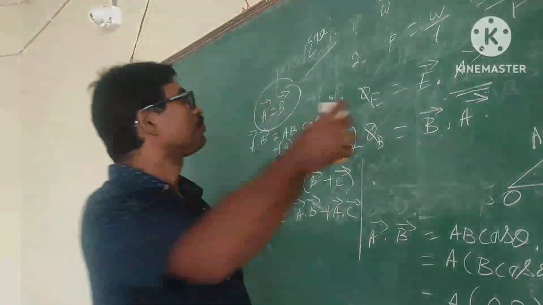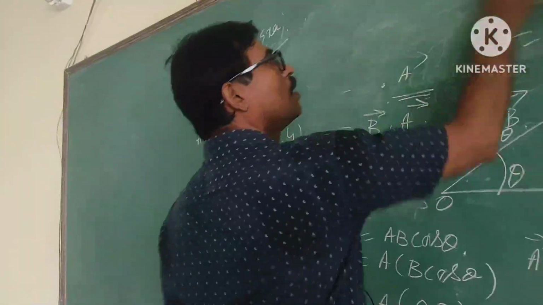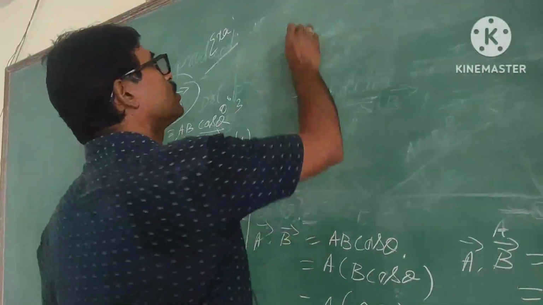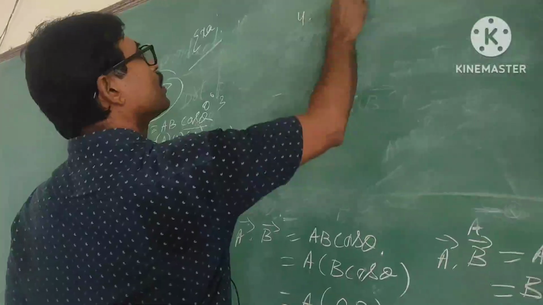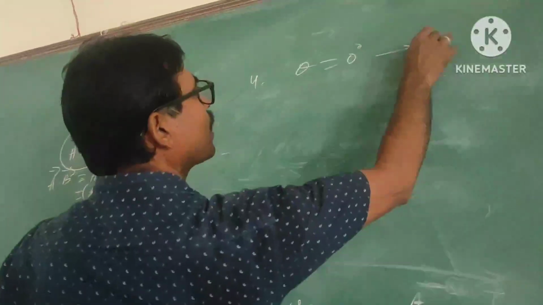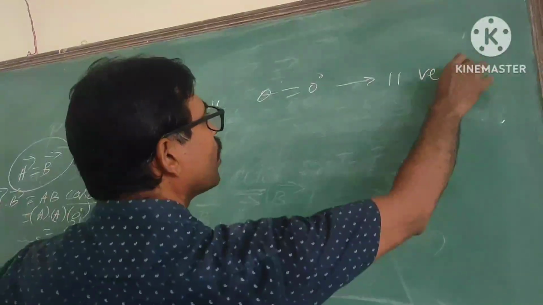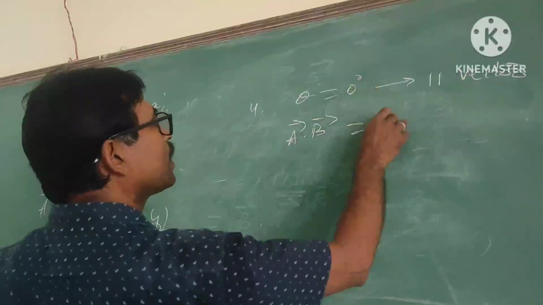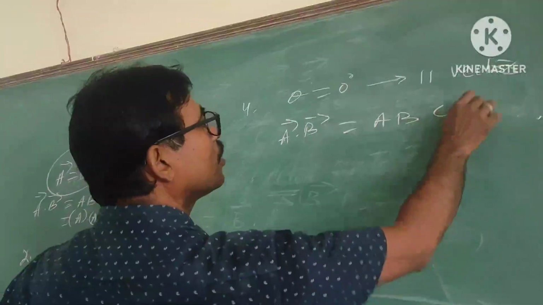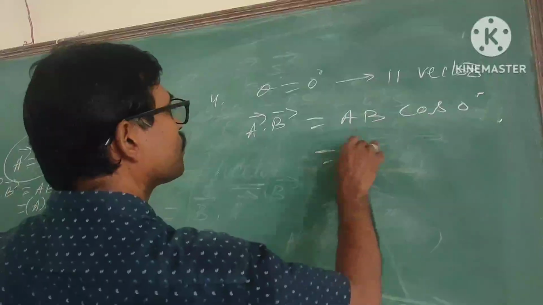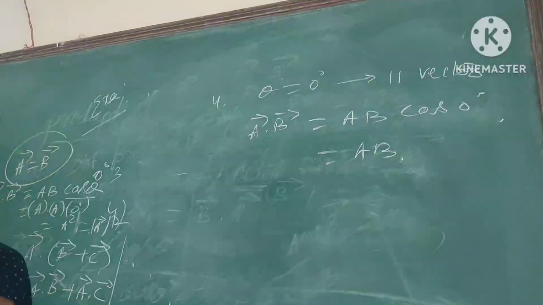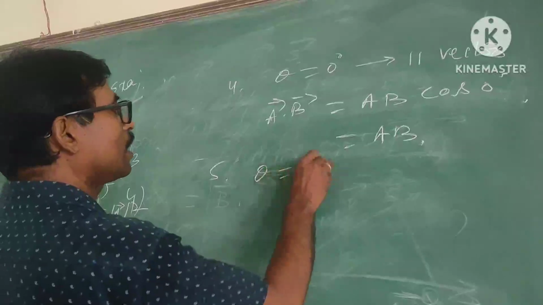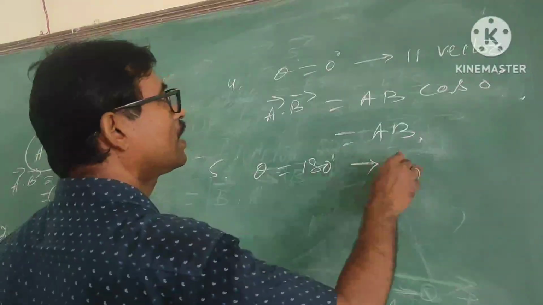But the dot product of parallel vectors: theta is equal to 0 for parallel vectors. So how much? AB cos theta, AB cos 0. So it is AB, the maximum value. But when two vectors are antiparallel, theta is equal to 180 degrees.